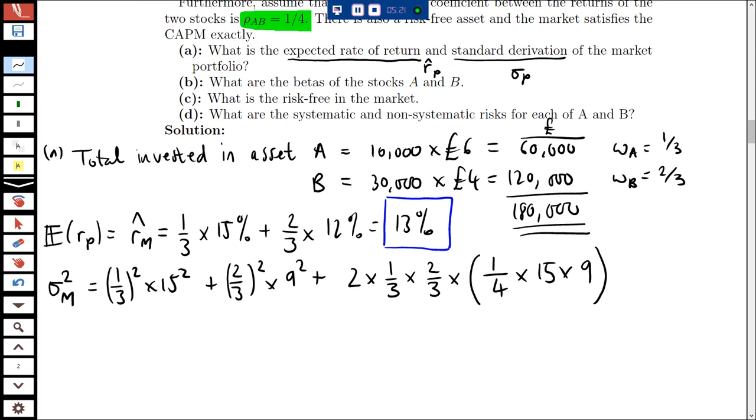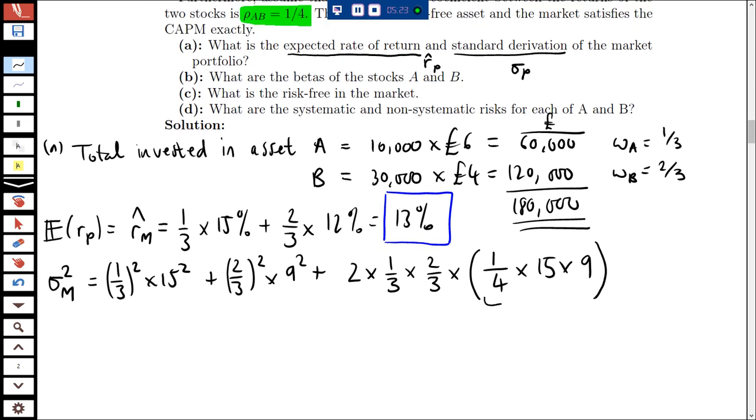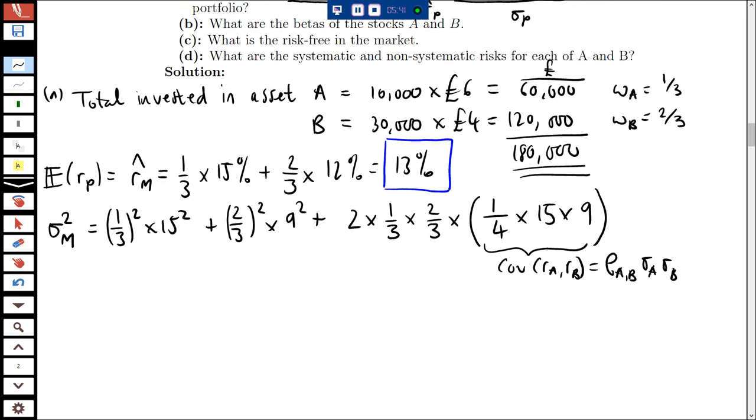Okay, maybe I'll put a little note here. This is the covariance between A and B, which is the correlation coefficient multiplied by the product of the standard deviations. Standard formula. Okay, this is a number crunching exercise.